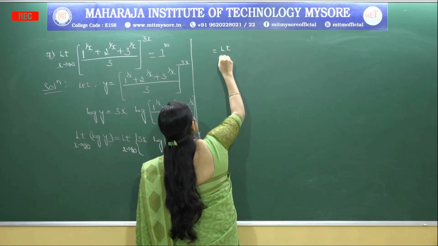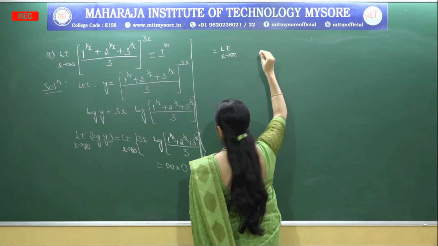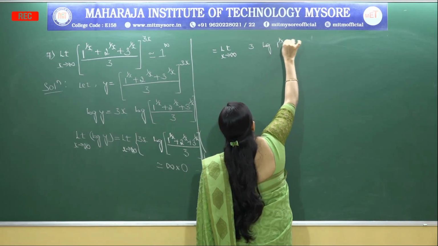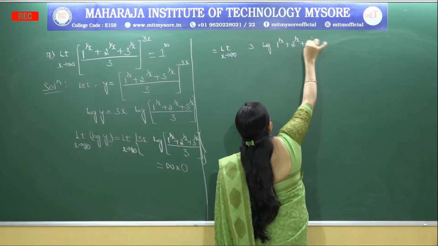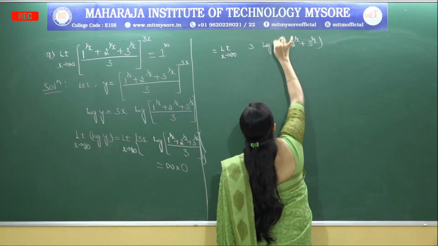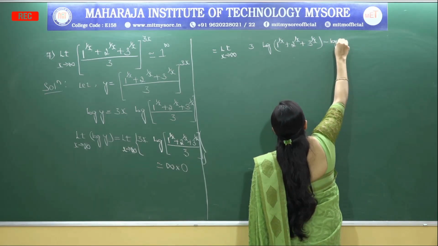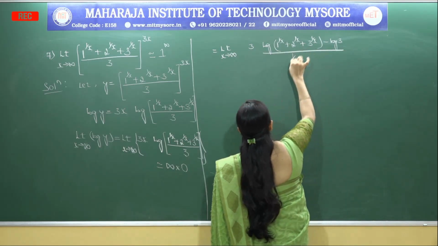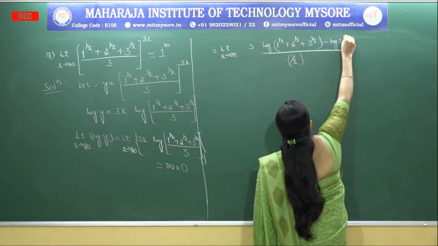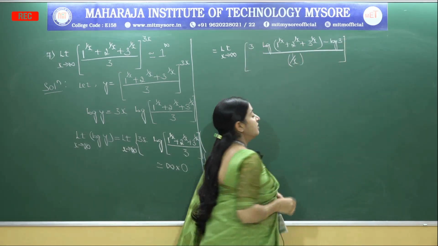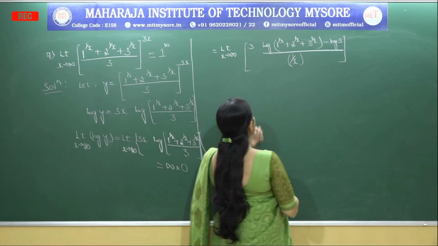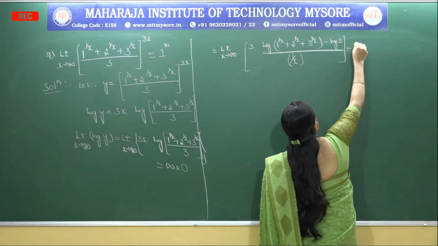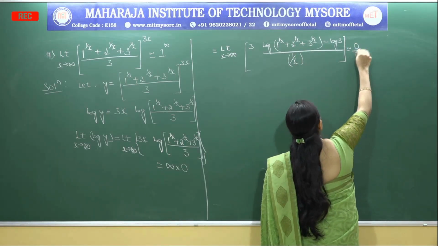So limit x tends to infinity, keep the 3 as it is, apply the logarithmic property: log of (1^(1/x) + 2^(1/x) + 3^(1/x)) minus log 3, in the denominator 1/x. If you apply the limit again, you will get log 3 minus log 3, which is 0. Denominator, 1/infinity is 0.